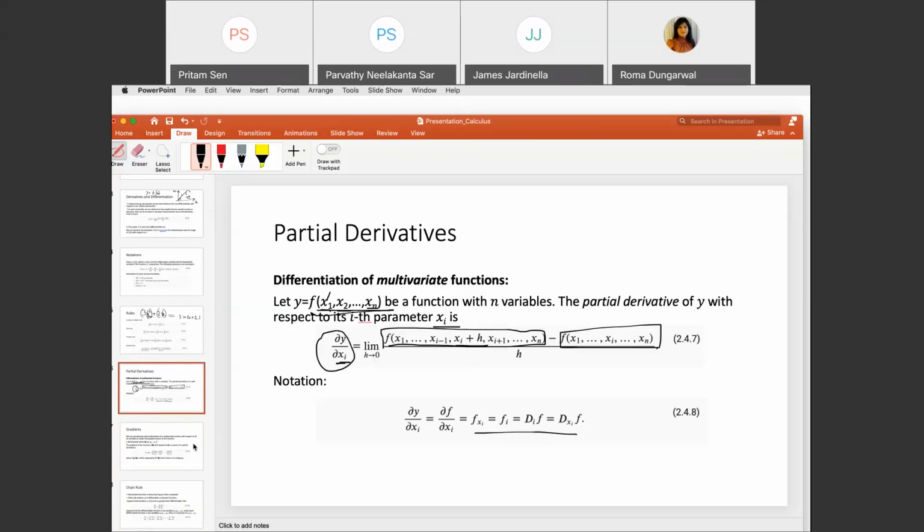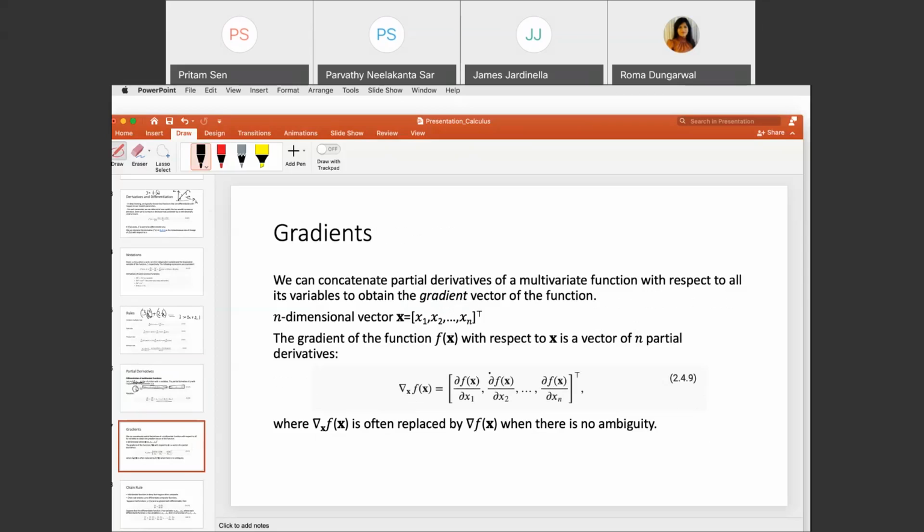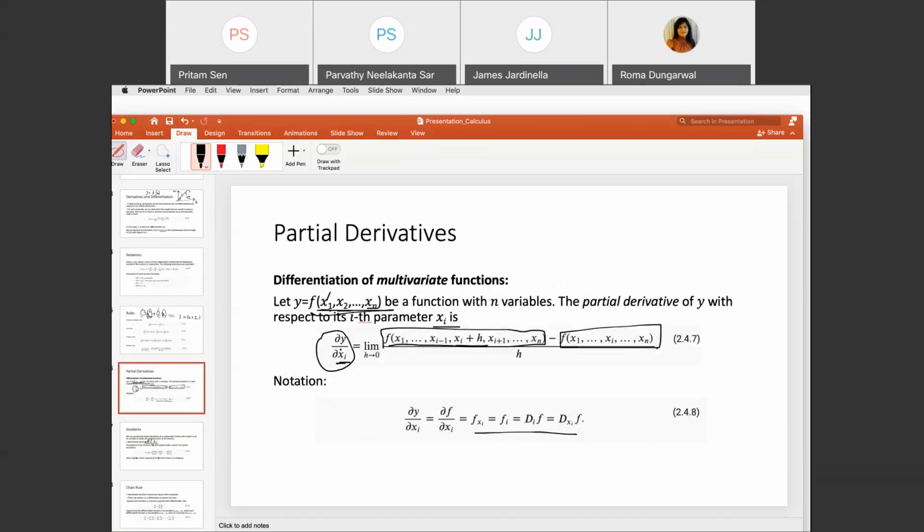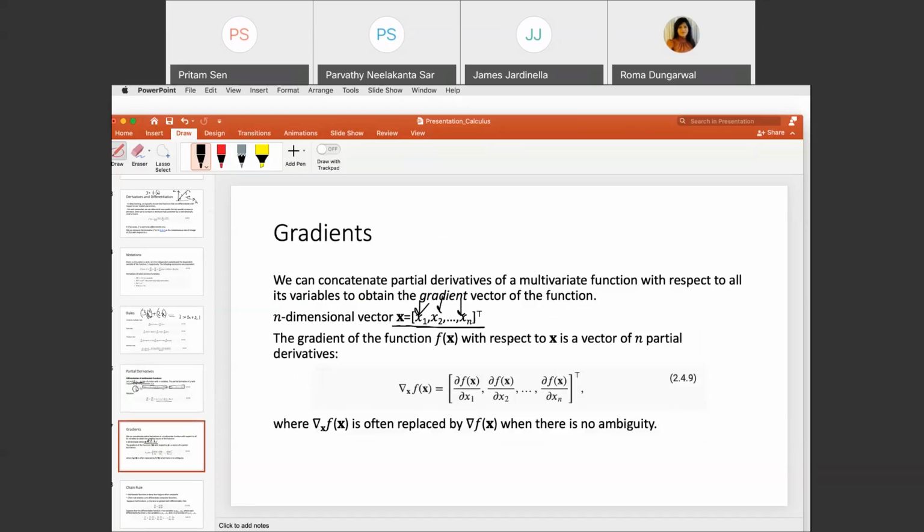And if we calculate like this and present it in a matrix, then it is called the gradient of the vector. For example, x is a vector, and there are different kinds of parameters. Different kinds of parameters means, as I said before, height, weight, like different attributes. These are the attributes which we can change. So we can calculate partial derivatives for each parameter following this rule and present it in a vector.